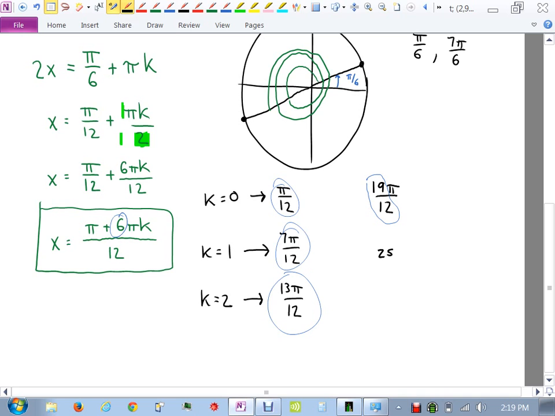So what, 25 pi over 12? But that one doesn't work because 25 pi over 12 is bigger than 2 pi. So we have 4 solutions. Pi over 12, 7 pi over 12, 13 pi over 12, 19 pi over 12. And that's pretty much it.